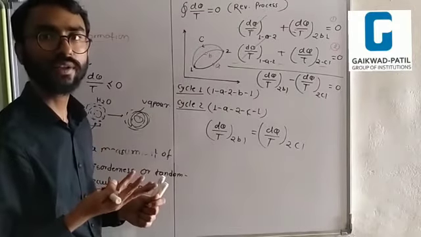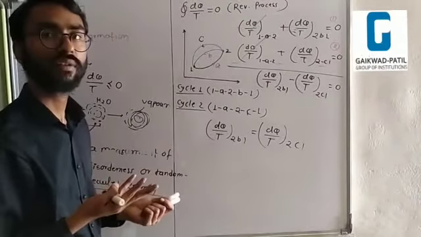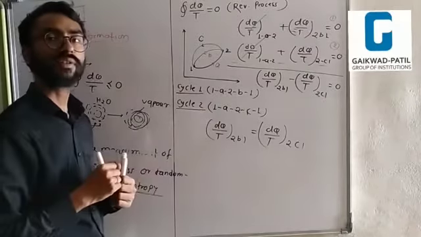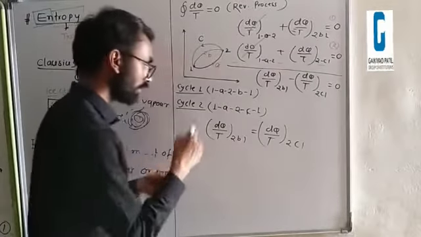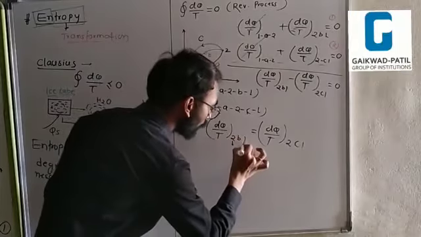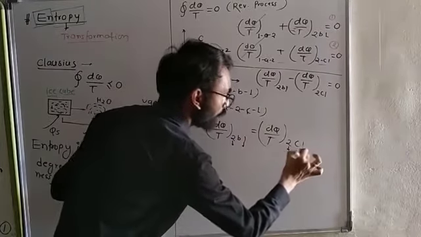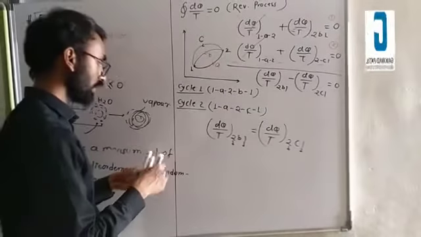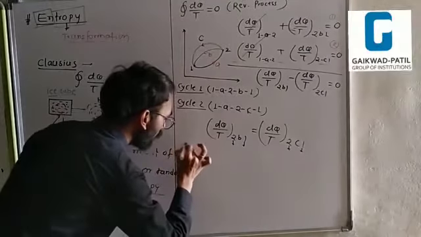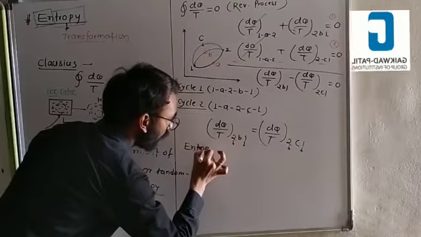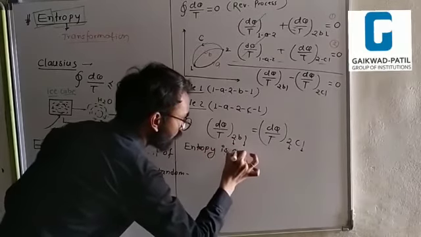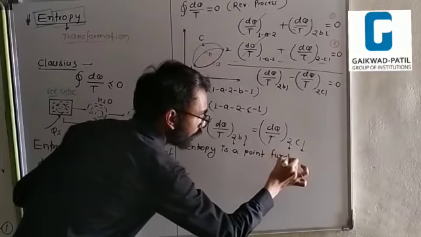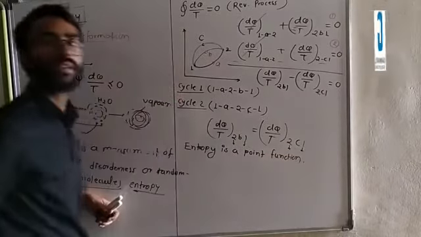So entropy is what function? Which function is entropy? Now here point number 2, point number 1. Here point number 2, point number 1. Those points are the same. That means entropy is a point function, not a path function.